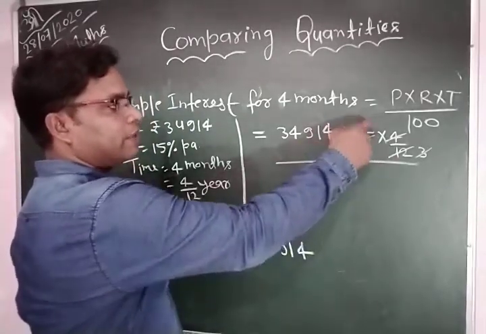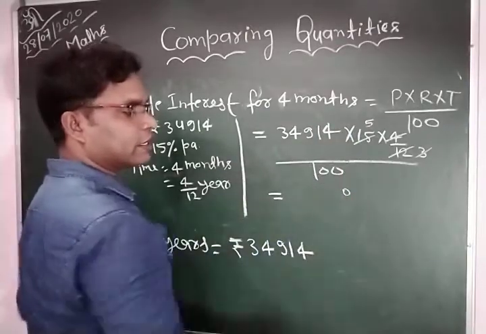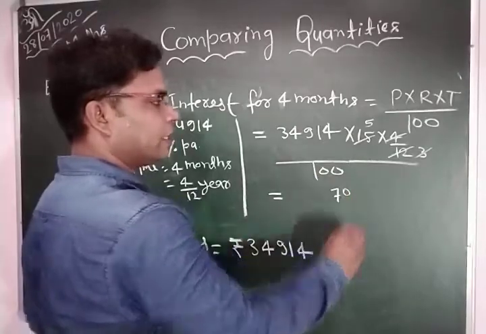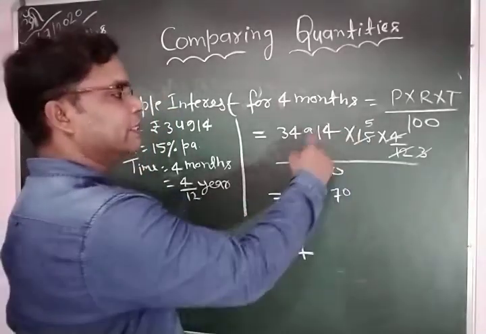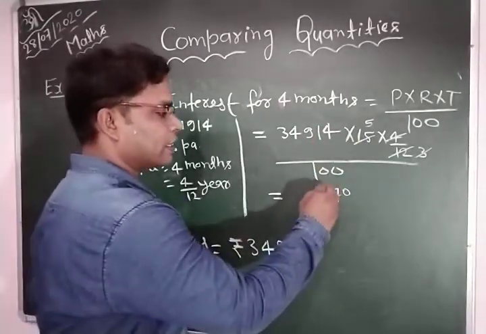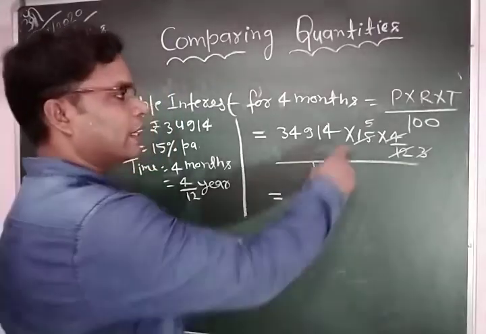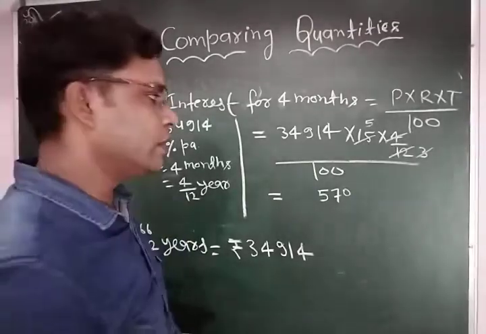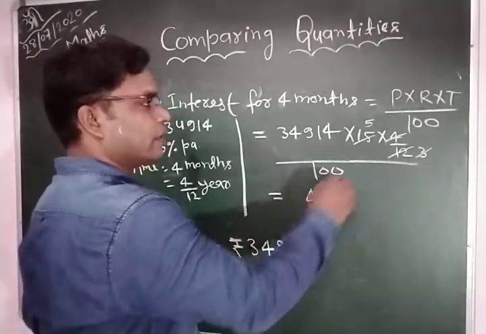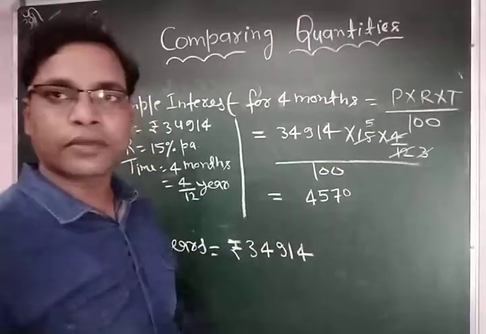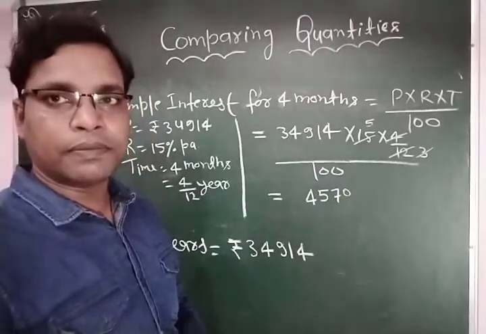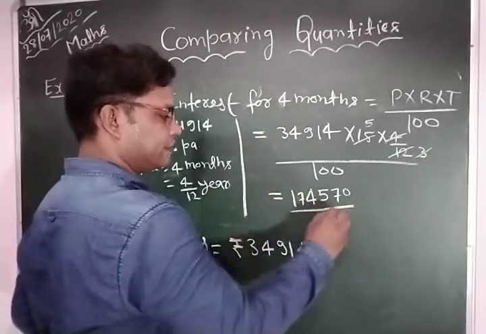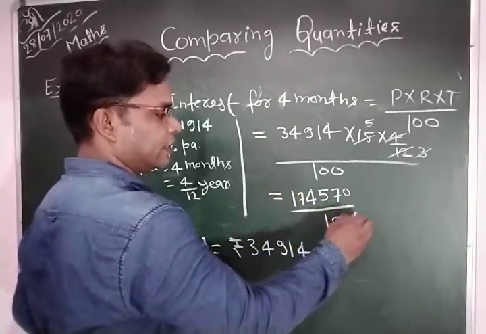So we obtain 5 fours are 20, 0 carry 2, 5 ones are 5, 5 plus 2 is 7, again 5 nines are 45, carry 4, and 5 fours are 20, 20 plus 4 is 24, carry 2, 5 threes are 15, 15 plus 2 is 17, by 100.